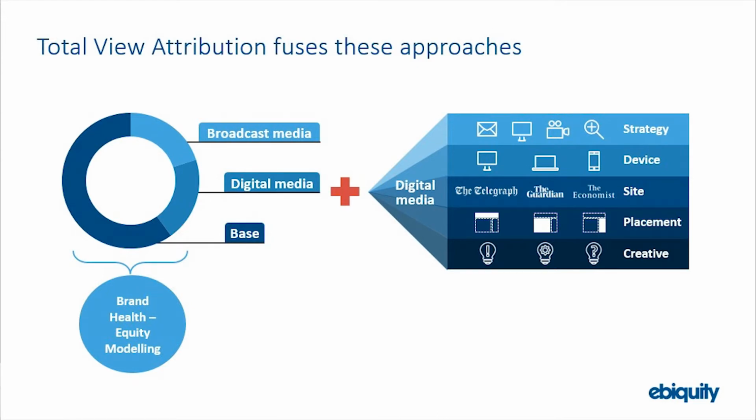So how do we use attribution? How can we tap into the insight that attribution provides, but not get caught by some of those pitfalls? Well, total view attribution fuses these approaches together. Econometrics will provide the big picture of what is happening to your business, be it online and offline.